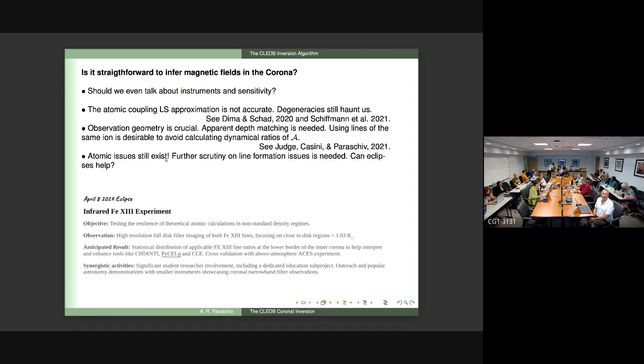Now, we collaborated with some nice people from Sweden that do atomic physics, and we performed very large-scale calculations for the silicon series, and we tried to see if we can avoid the problem that Gabe pointed out.